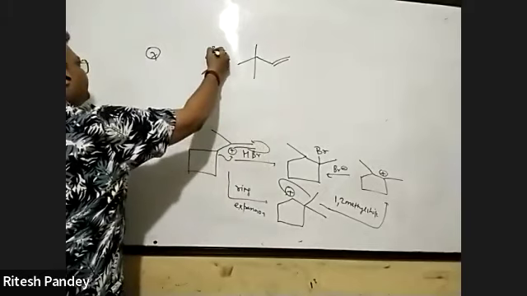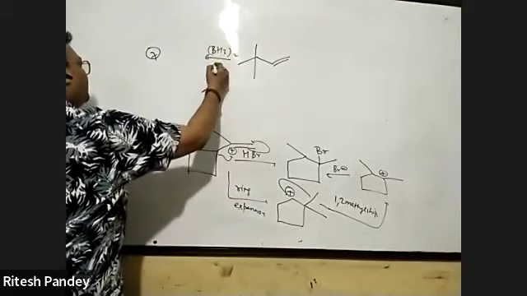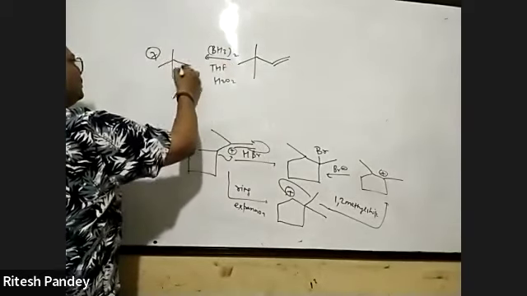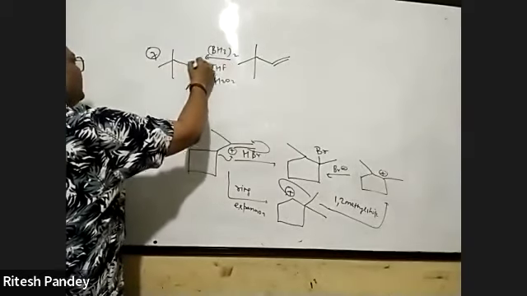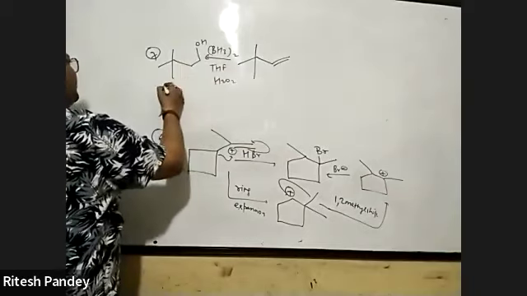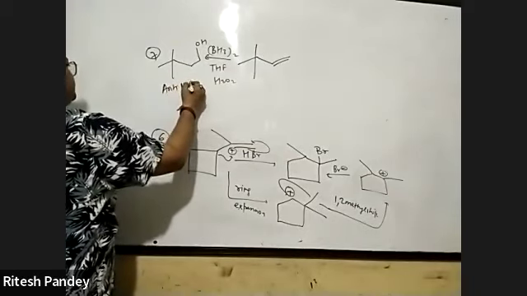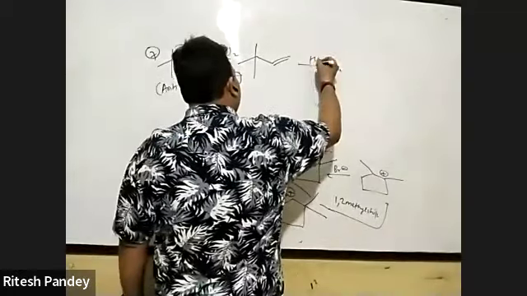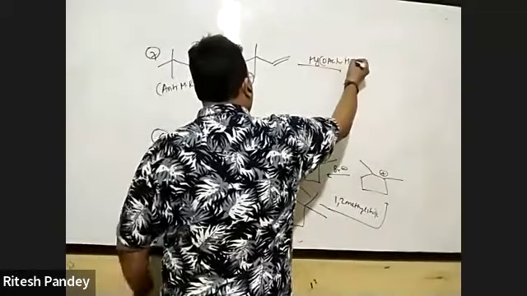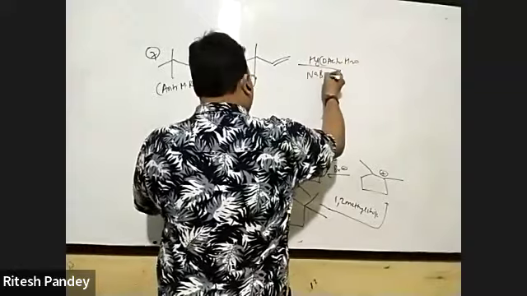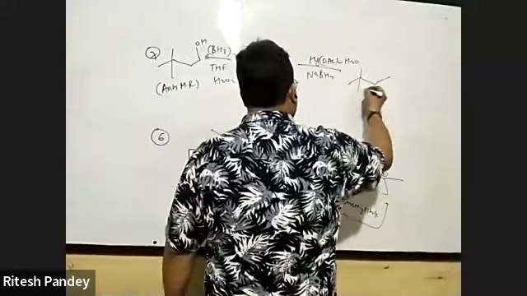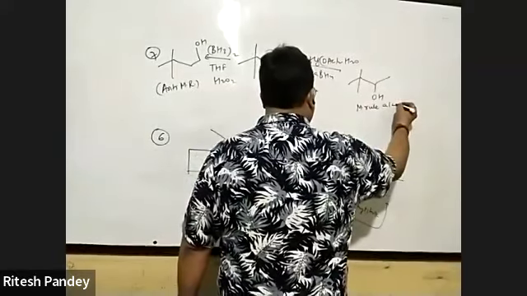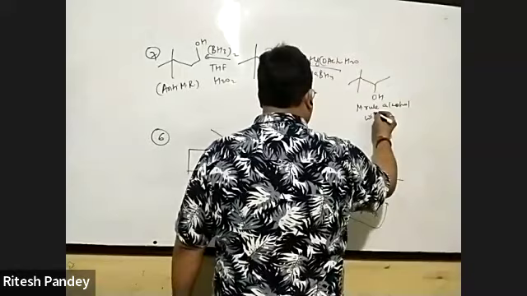With BH3·THF, H2O2, you'll get an anti-Markovnikov alcohol. Yes or no? And with Hg(OAc)2, you'll get a Markovnikov alcohol without rearrangement.